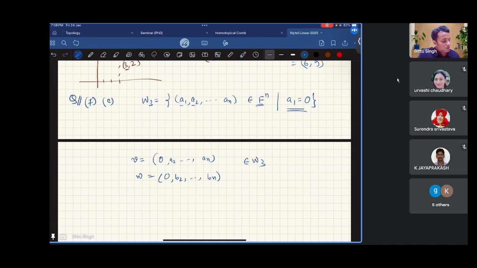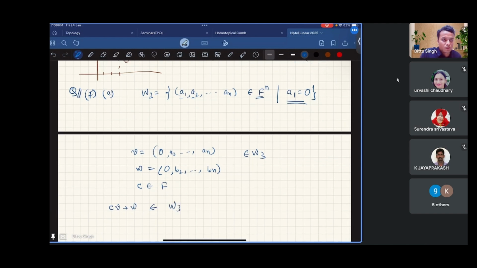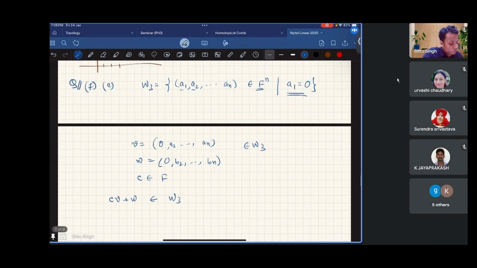So those two elements are from W3. We need to check: c is an element from the scalar field F, then we need to check whether cv plus w is also an element of W3. So we need to check this condition.